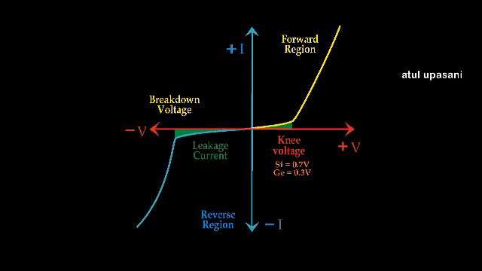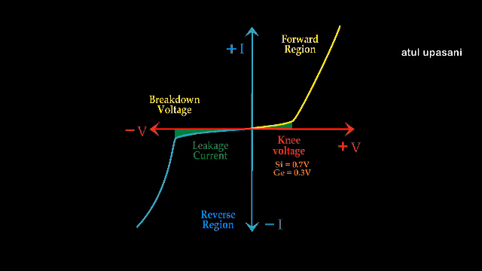As reverse voltage is increased from 0, the reverse current also increases, and there will be a reverse saturation current. When the voltage is increased further, at a particular voltage the current may increase rapidly. This voltage where the diode starts conducting in the reverse direction is called the breakdown voltage.